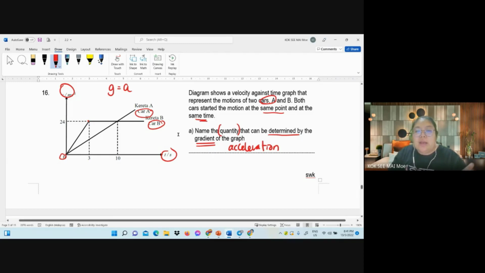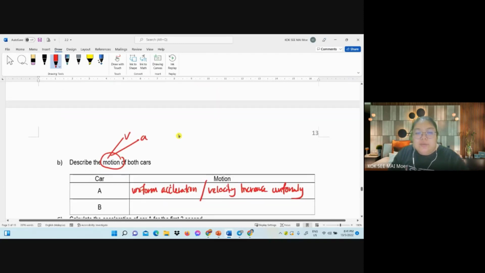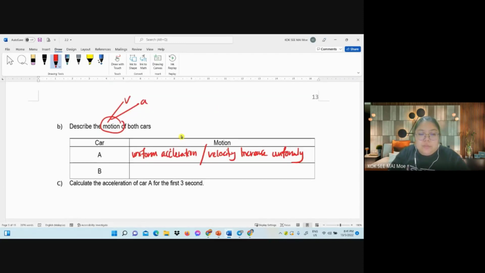Car A is okay, overall it's the same. So we answer for car B: uniform acceleration for the first 3 seconds. Okay, after that, uniform velocity after 3 seconds.